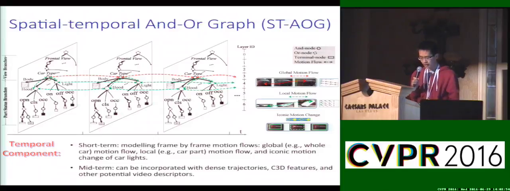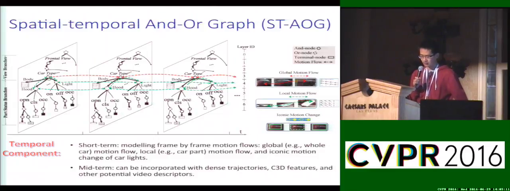In the temporal domain, it will model both short-term and mid-term spatial-temporal information. For the short-term, we model the frame-by-frame motion flows, and in this work, we model three types of motion flows.